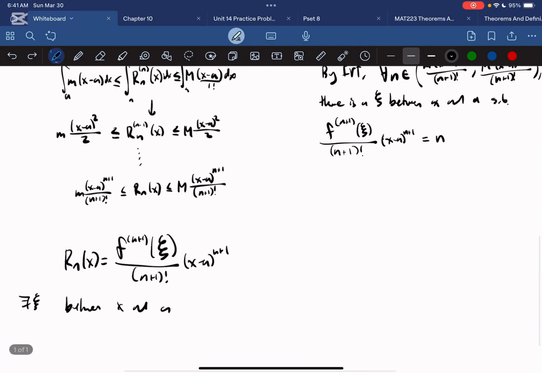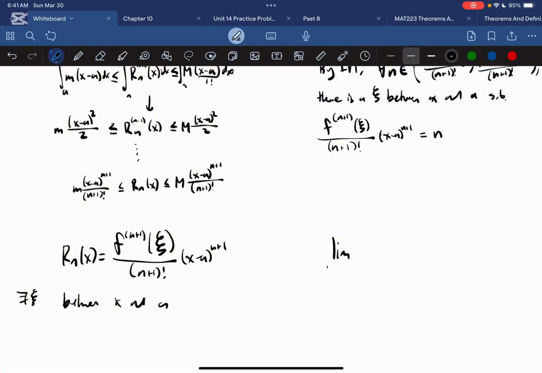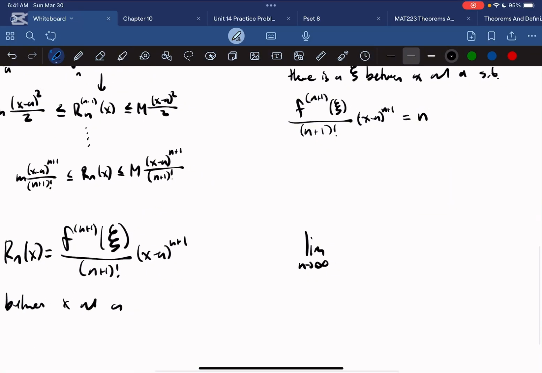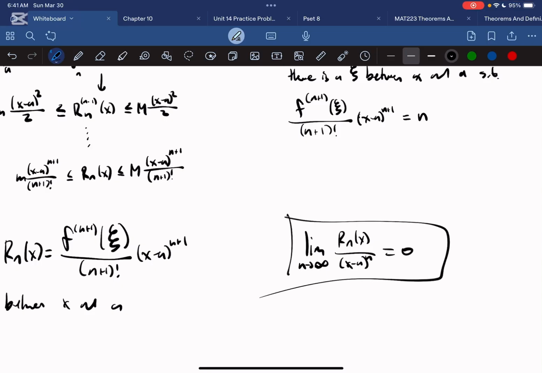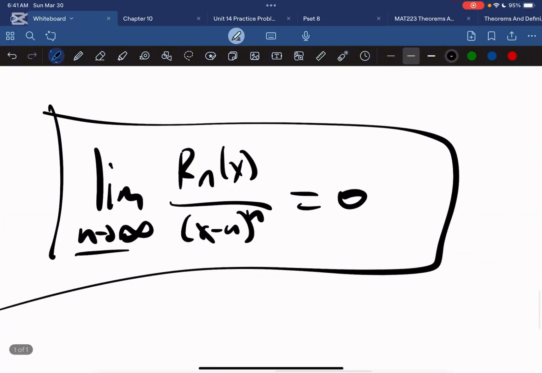Because we know the limit as n goes to infinity of R_n of x over (x minus a) to the n, if this equals 0, then we have a very good approximation. Would you agree? Because as the degree goes higher, if it outpaces this bottom term, we know it's a very, very good approximation.